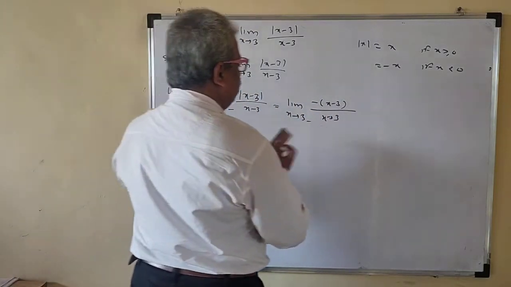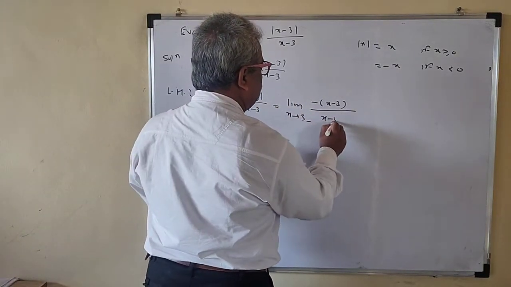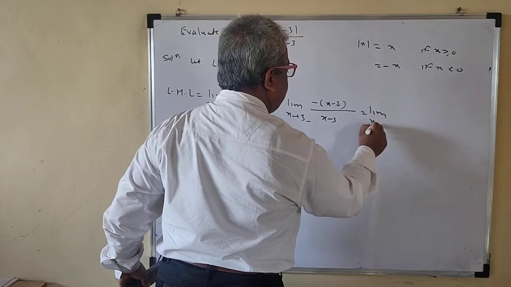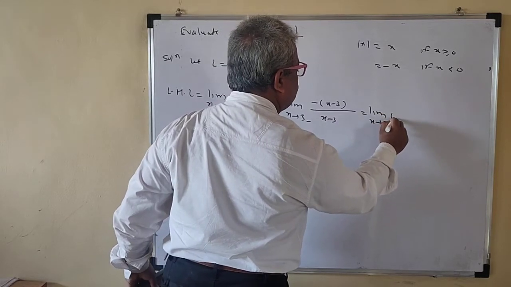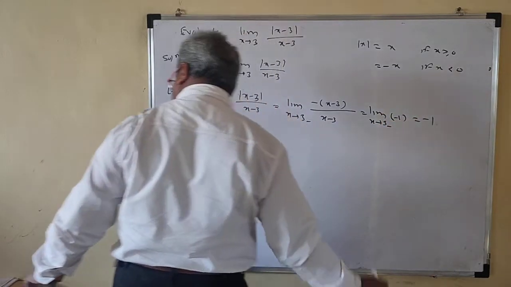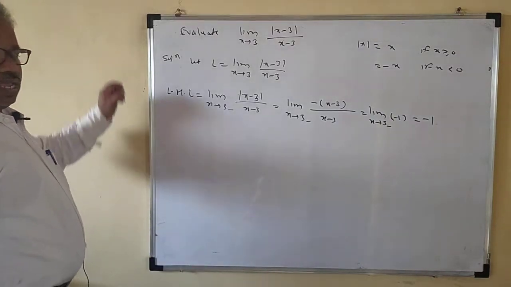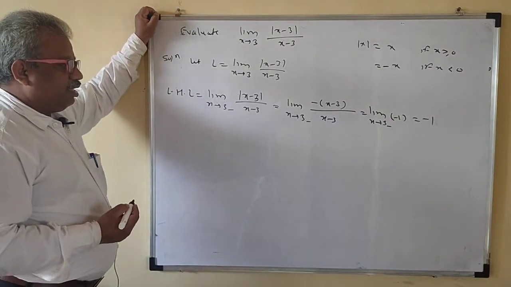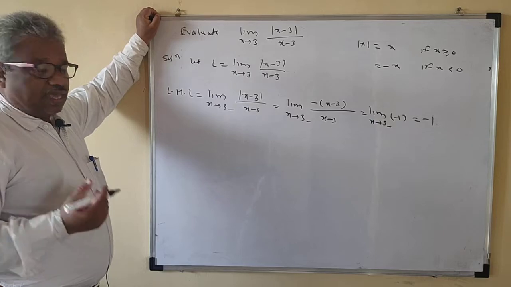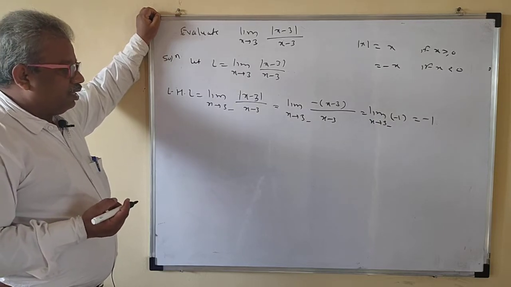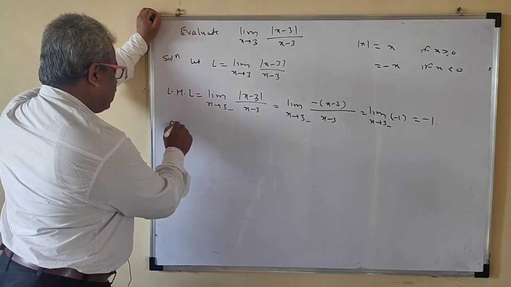The x minus 3 gets cancelled because x tends to 3, x is not equal to 3, so you can cancel it. So the value of the limit is minus 1.